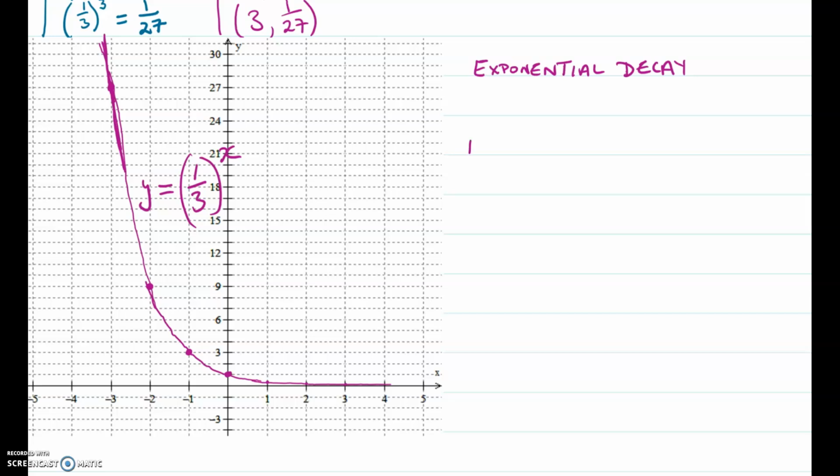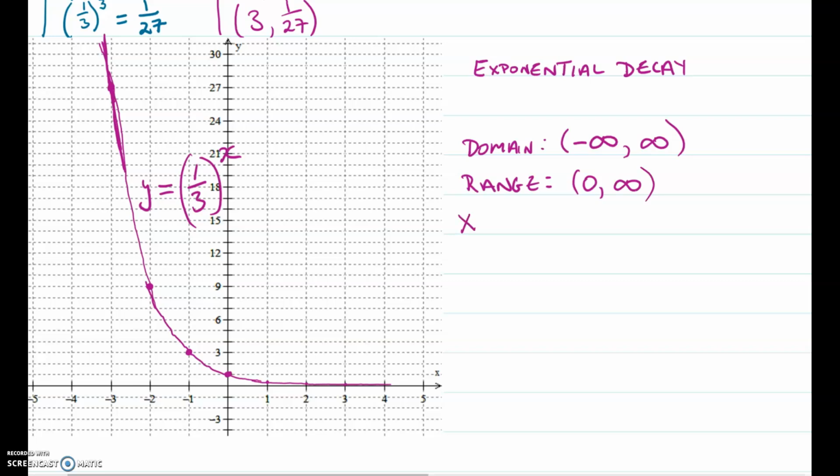Exponential decay. Right, let's talk about domain. Domain, it can go back as far as you want it to. So domain is from negative infinity to infinity. The range, the bottom of this graph, is at the x-axis, so 0. It doesn't have any top, it keeps going up higher and higher.